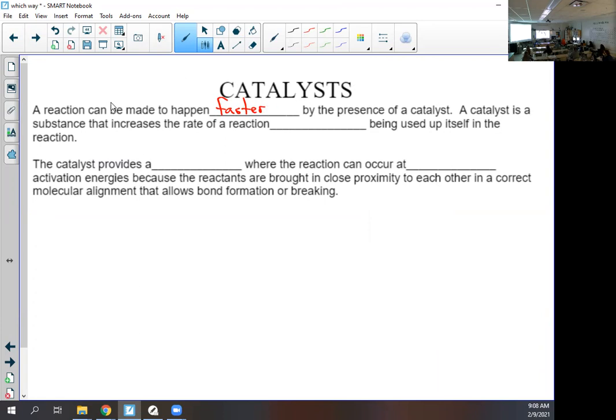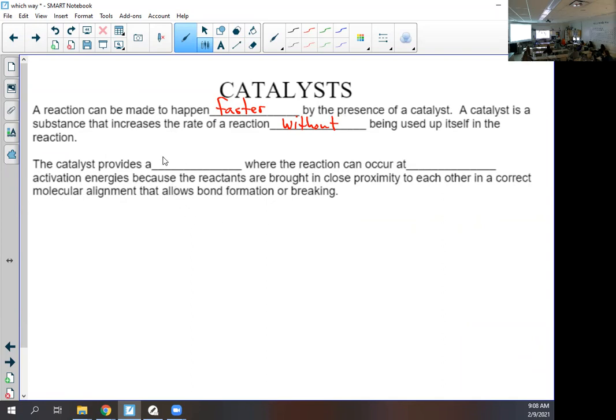A catalyst is a substance that increases the rate of a reaction without being used up itself in the reaction.